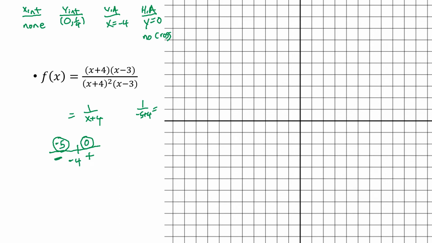So now we're ready to do our graph. On our graph, we can start with any of the attributes. Let's say we wanted to start with the y-intercept. The y-intercept is (0, 1/4), so maybe about here somewhere. We know that the vertical asymptote is at negative 4.